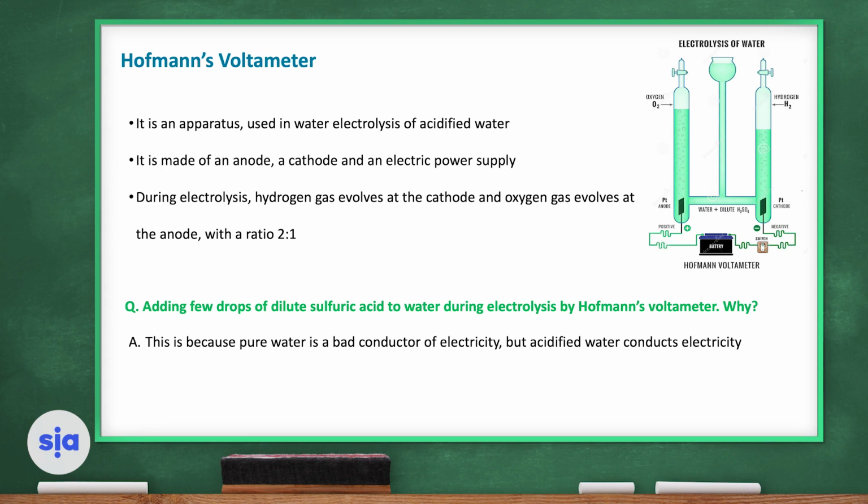But when sulfuric acid is added to the water, this will make it a good conductor of electricity, so it can be electrolyzed easily. Okay, let's watch this video together about water electrolysis.